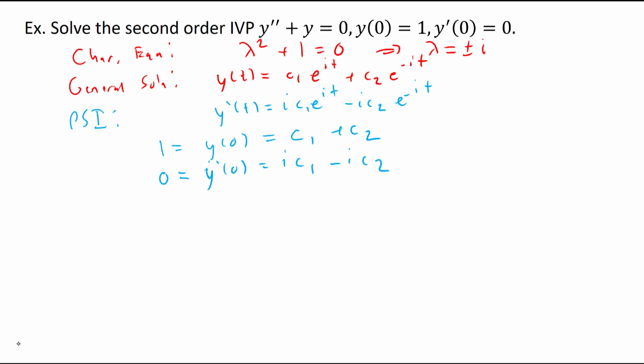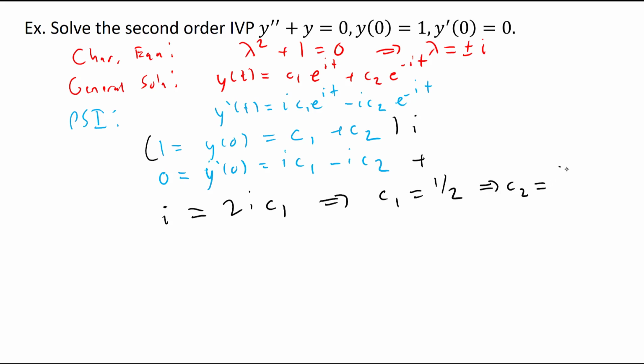We can multiply the first one by i if you'd like, and then add the resulting expressions together. When you do so, the c2's will cancel, and we'll get that i is equal to 2i c1, which implies that c1 is equal to 1/2, and substituting that back into either equation yields c2 also equal to 1/2.